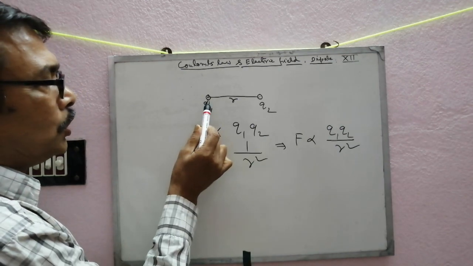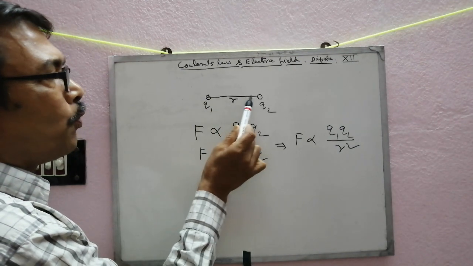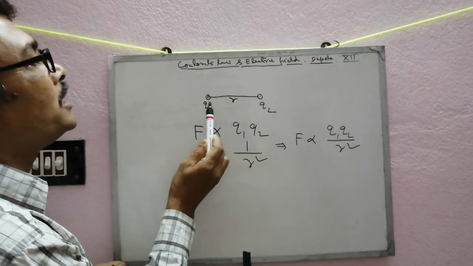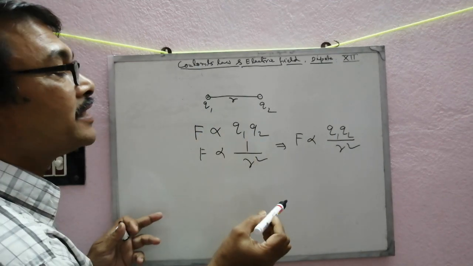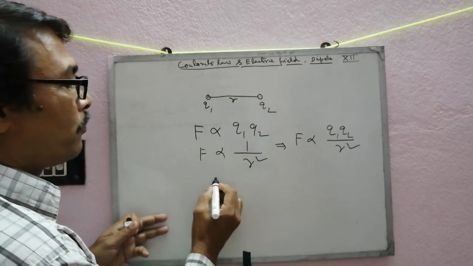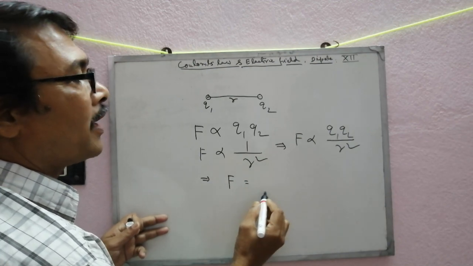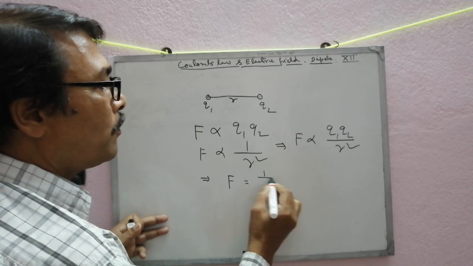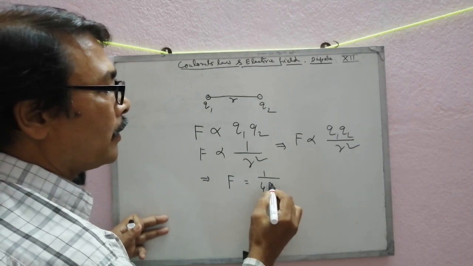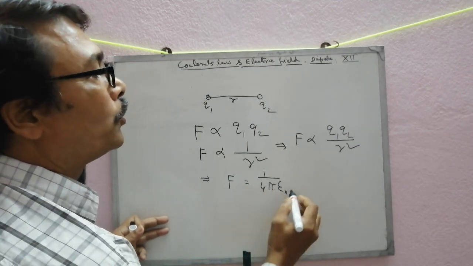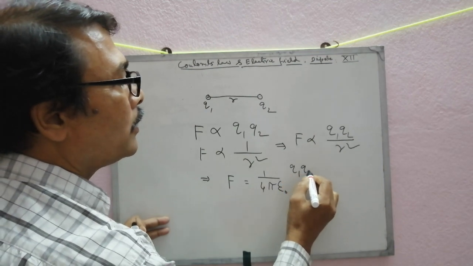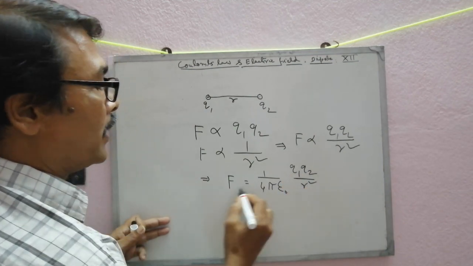Note that I mention two point charges. Coulomb's law is applicable only to point charges. Now this equation we may write as F equals 1 by 4 pi epsilon naught, Q1 Q2 by r square.